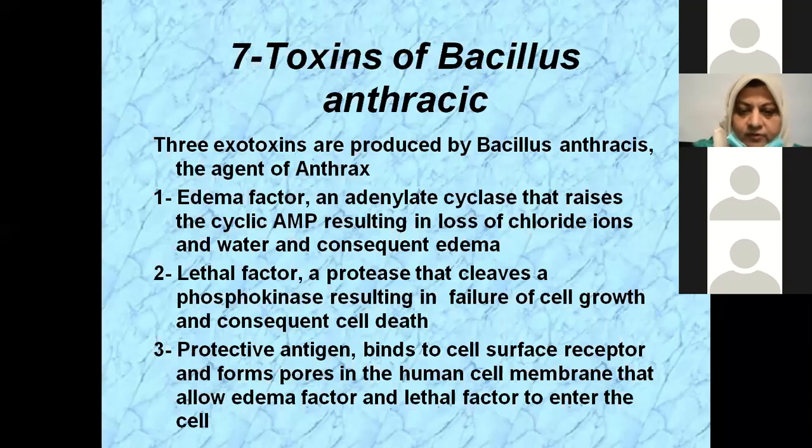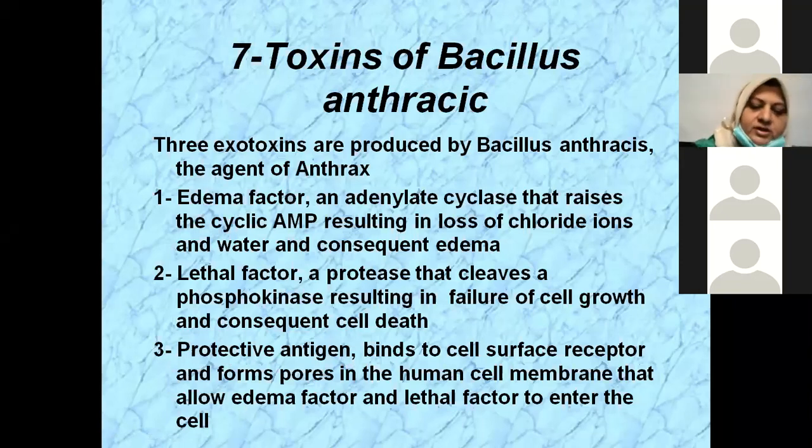So three types of exotoxins are produced by Bacillus anthracis. One is edema factor, one is lethal factor, and one is protective antigen. The edema factor raises cyclic AMP and results in loss of chloride ions and water and consequent edema in the tissue. The lethal factor is a protease.